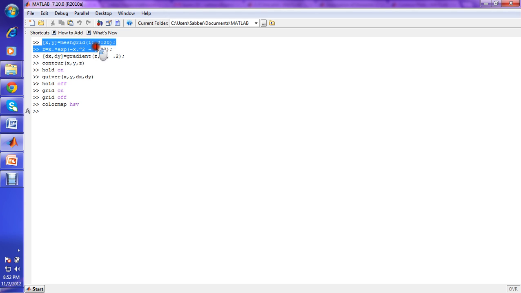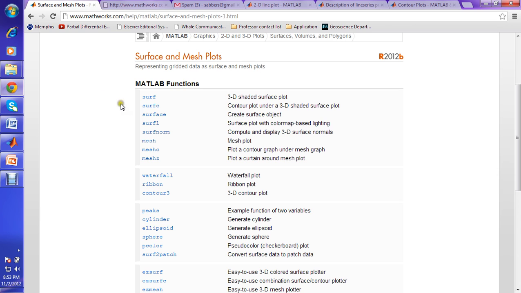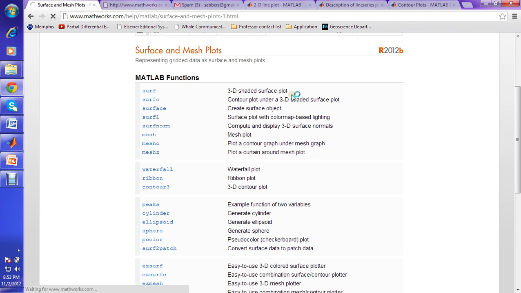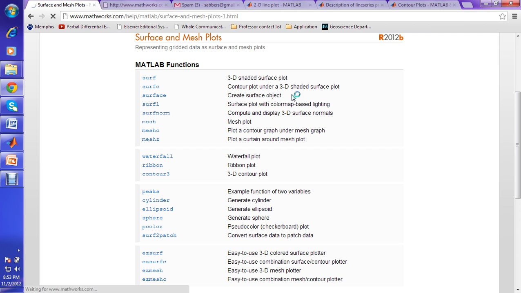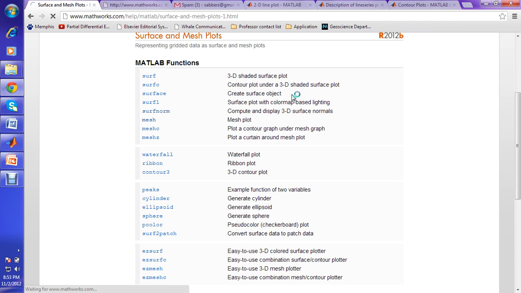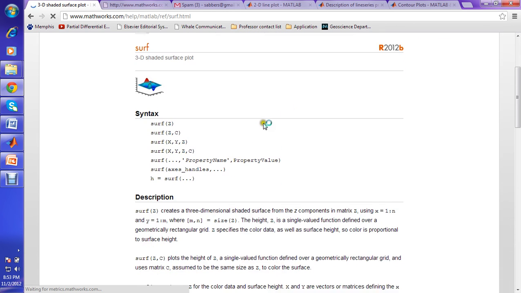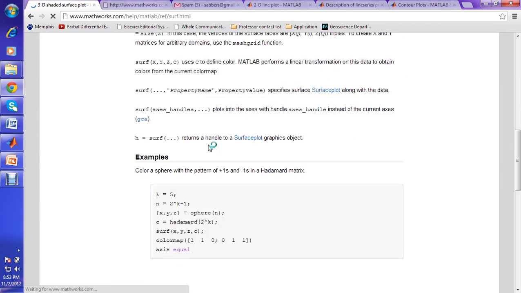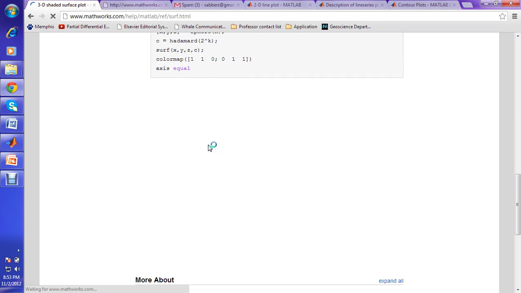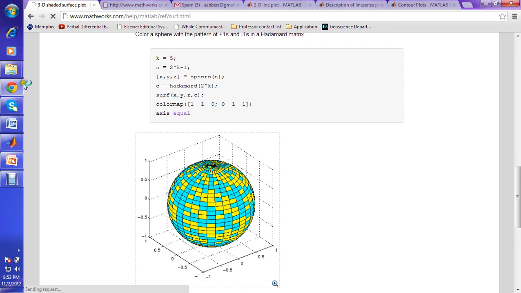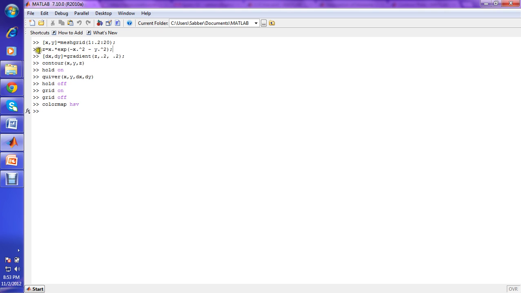So let's see how this equation behaves. We have seen how this equation behaves in a two-dimensional line. If you want to see how it behaves in three dimensions, it is very easy. So let's get to the surface function, the 3D shaded surface plot. We first require x, y, z data. We already have three-dimensional data x, y, and z.